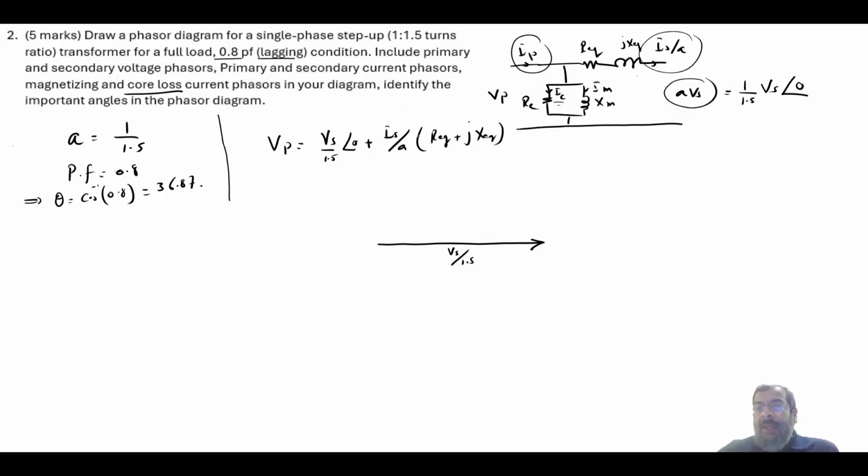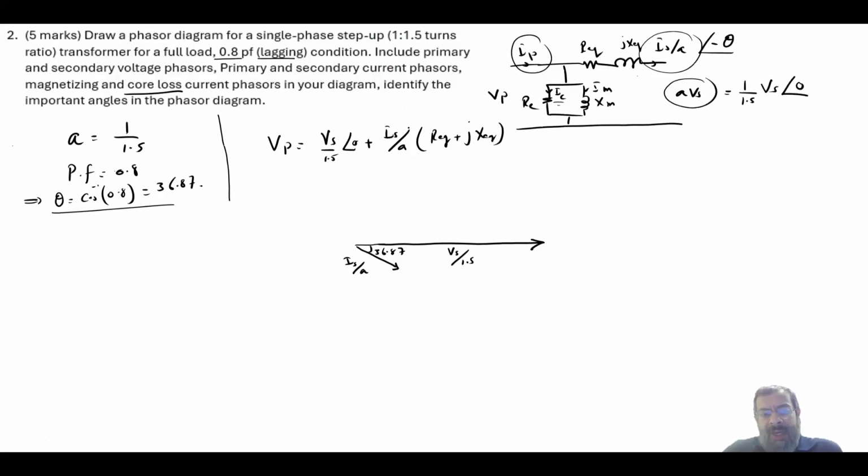Now, IS will have the minus theta, which is the power factor angle. So here we will have your IS over A, and the angle is 36.87. Actually, it's minus. Because this vector has angle 0, this vector has an angle of minus 36.87.